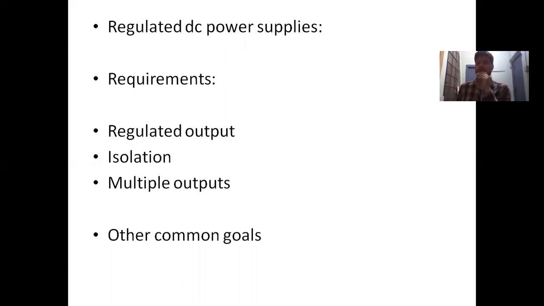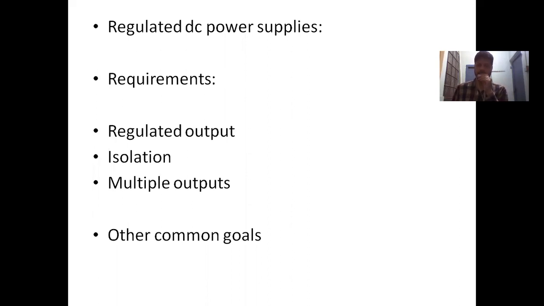Now, regulated DC power supplies are required for a large number of analog as well as digital circuits. Now, these regulated DC power supplies must generally fulfill the following requirements. First of all, they should have a regulated output.